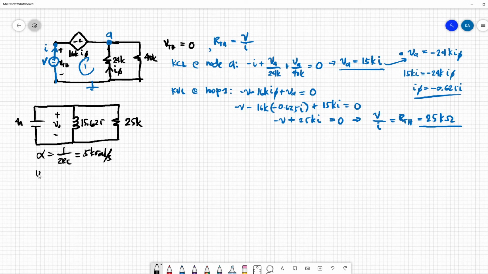Our omega naught is 1 over square root of LC, equal to 4k rad per second. Our alpha is greater than omega naught, so our circuit is overdamped. We have our s1 and s2 using the values of alpha and omega naught, equal to negative 2k and negative 8k.